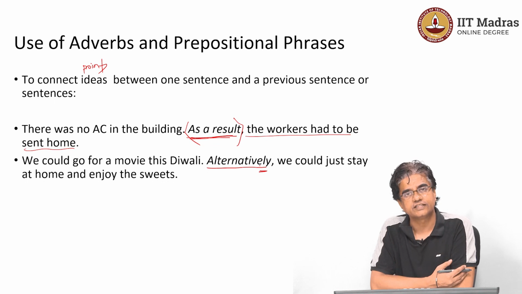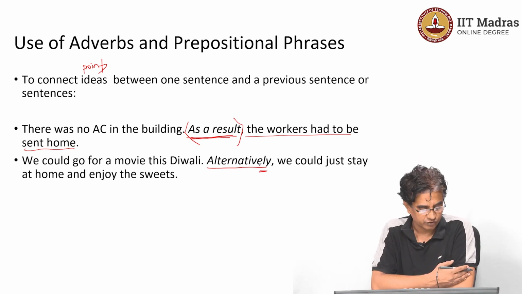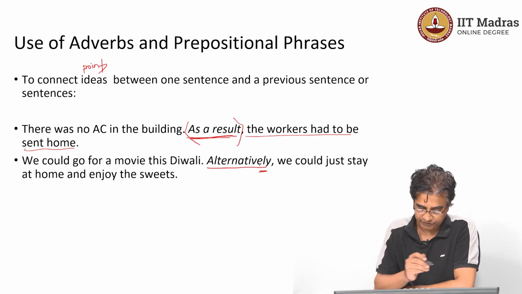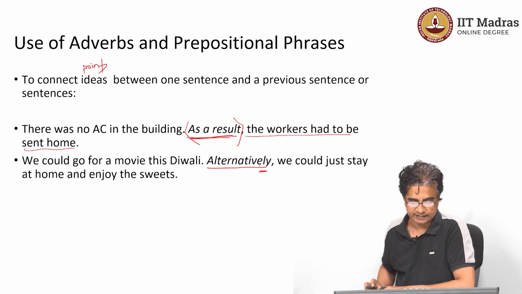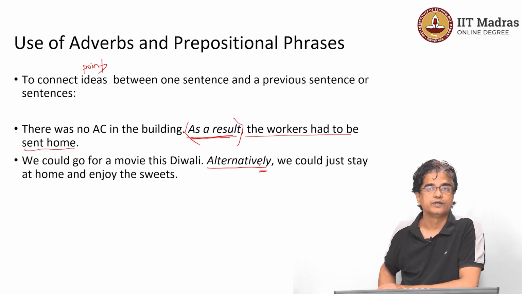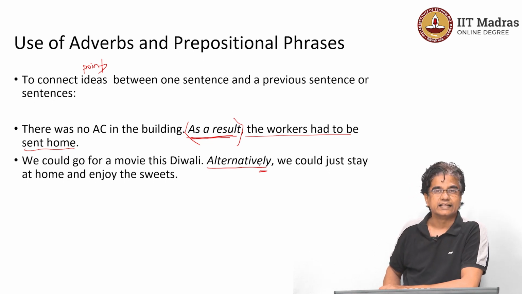So we can say, alternatively, we could just stay home and enjoy sweets. So these are the phrases, and we can use them in our informal and formal conversations, both in writing, to make it connected, to make it impressive, and make it more readable.